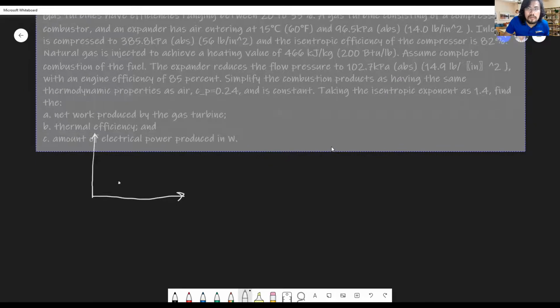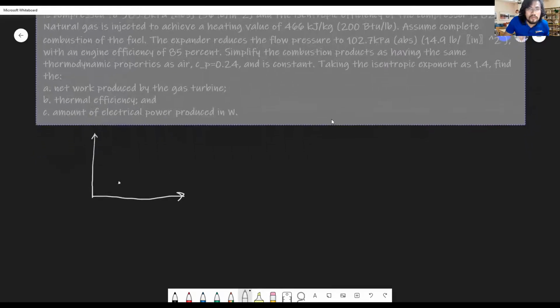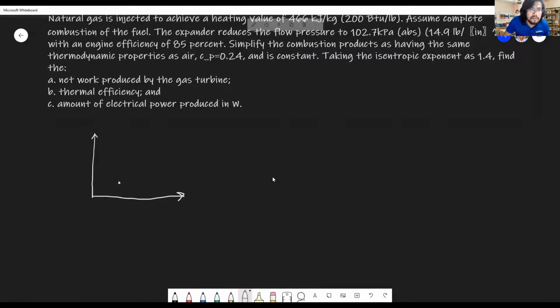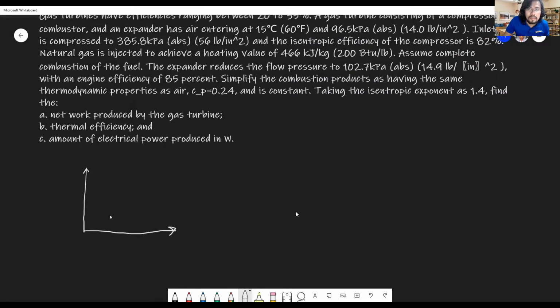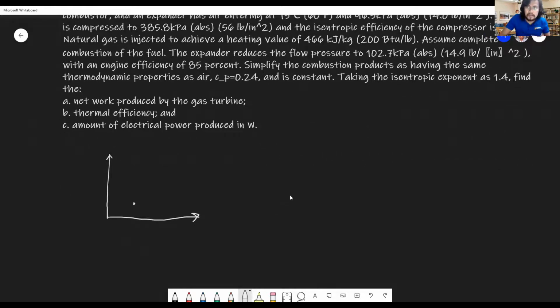a compressor with isentropic compression, so isentropic meaning it goes up to 2, 1, it goes to 3, and goes down to 4.